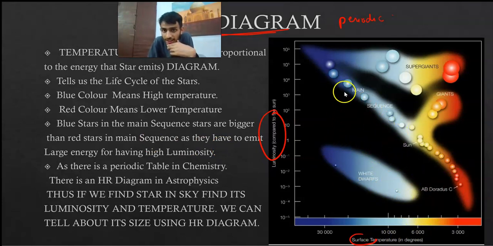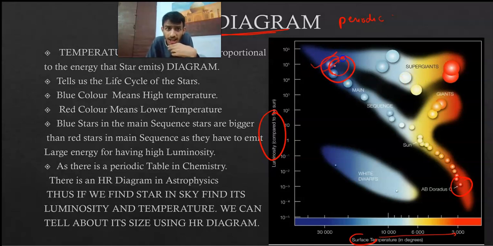For the main sequence you can see that here we have higher luminosity, and here we have lower luminosity, and the temperature is decreasing here. So for the main sequence, luminosity and temperature are both low here, and luminosity and temperature are both high here.